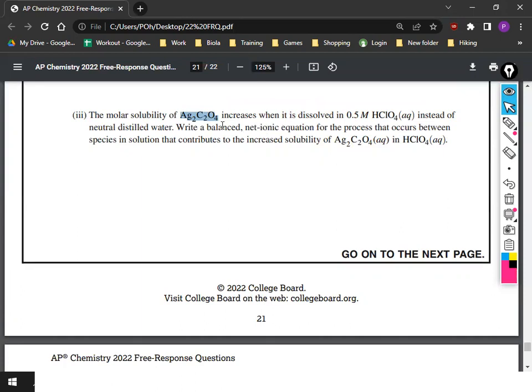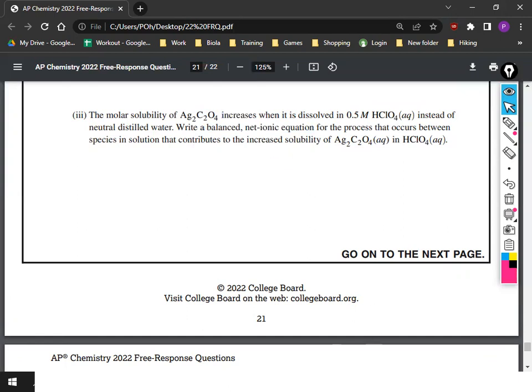And so basically it's asking us to write the balanced net ionic equation for the process that occurs between this in solution that contributes. So basically what increases the solubility, because it tells us the solubility increases, and we have to write the reaction that kind of supports it.